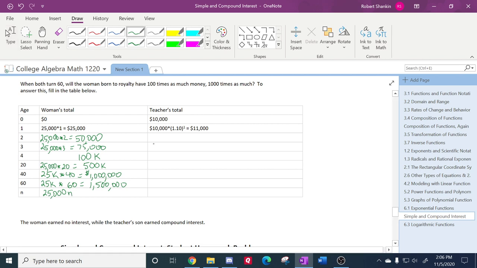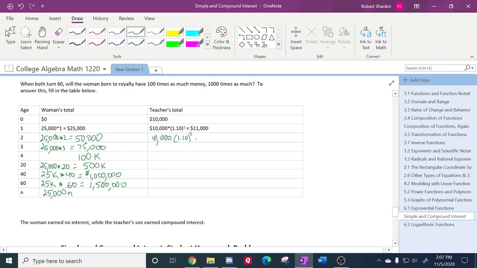What did you do for age 2? I think you would pretty much just do the 10,000 times 1.10 to the power of 2 instead of 1.